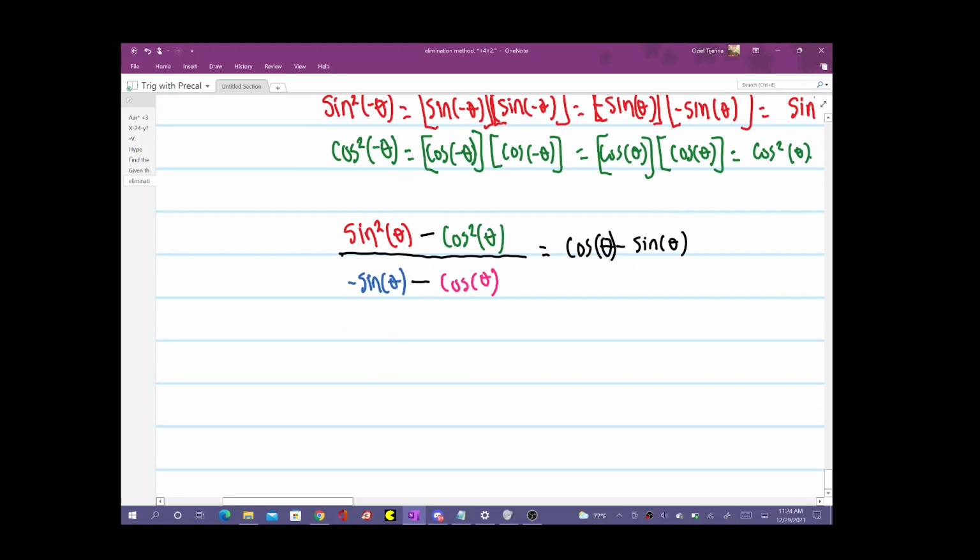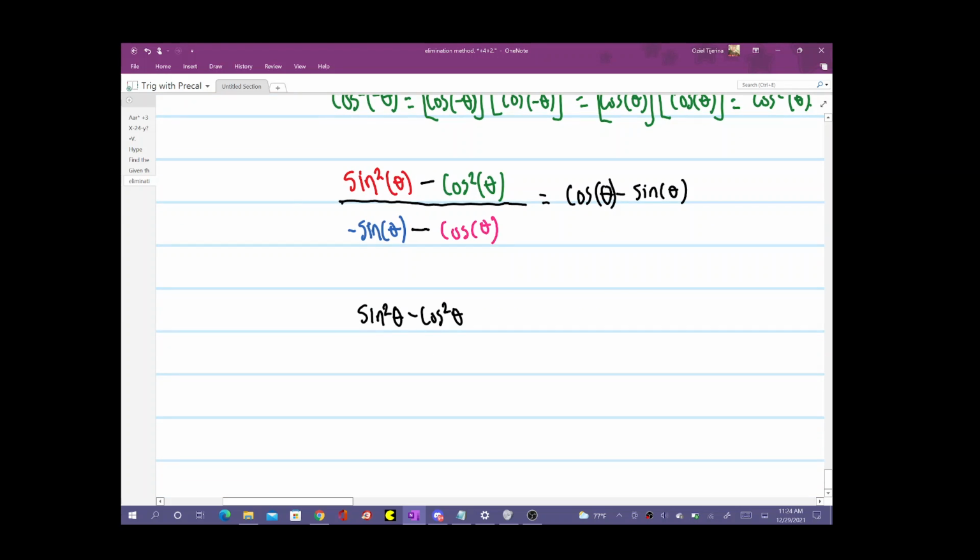So then this becomes sine squared of theta minus cosine squared of theta over negative the quantity sine of theta plus cosine of theta.